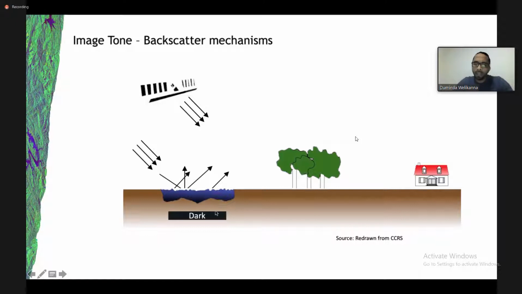If it hits something like water, its surface is like a mirror, so most of the energy is scattered away, and there is no energy coming back to the satellite. But when it hits a vegetated area like a forest, because of the canopy and its heterogeneity, the scattering can happen, or the energy can be disturbed.